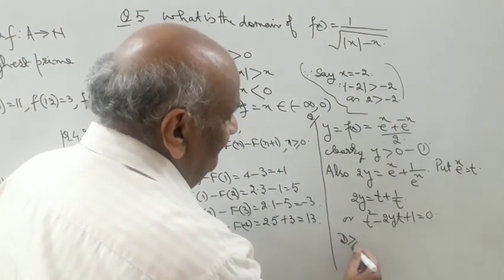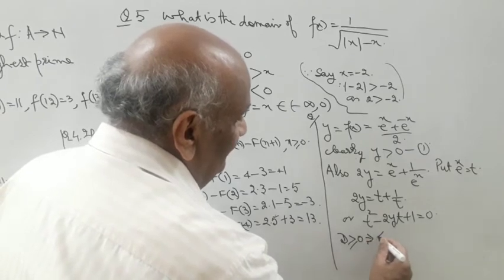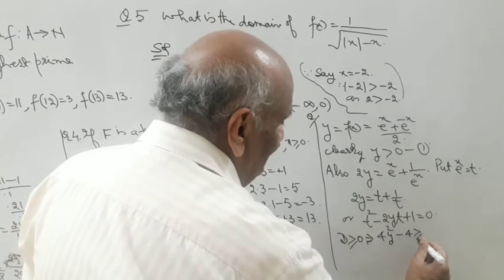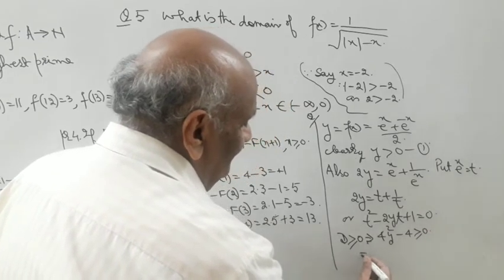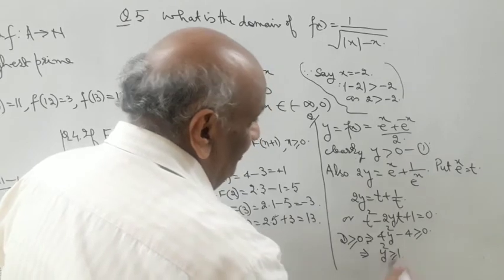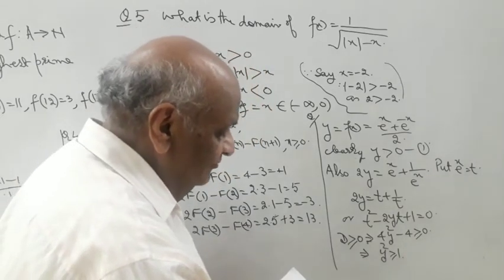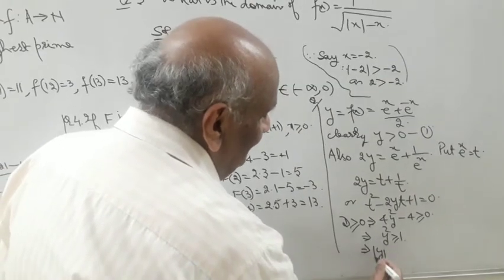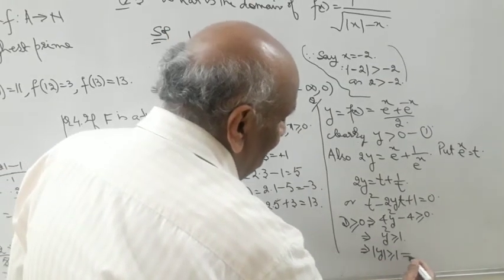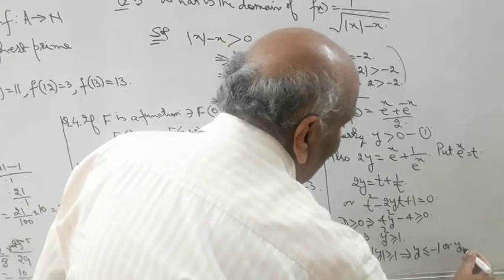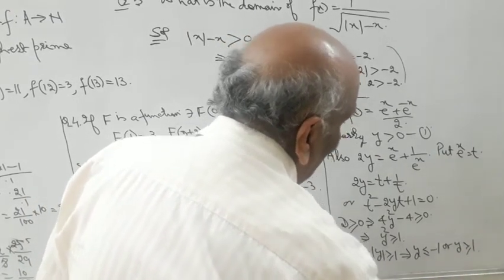Now this is the discriminant because t is real. Discriminant must be greater than or equal to 0, implies 4y square minus 4 must be greater than or equal to 0, implies y square is greater than or equal to 1. Check out. y square is greater than or equal to 1, implies modulus y greater than or equal to 1, implies y is less than or equal to minus 1 or y is greater than or equal to 1.